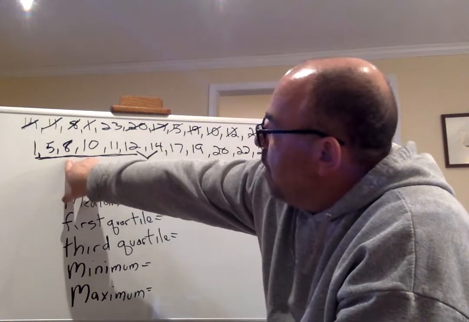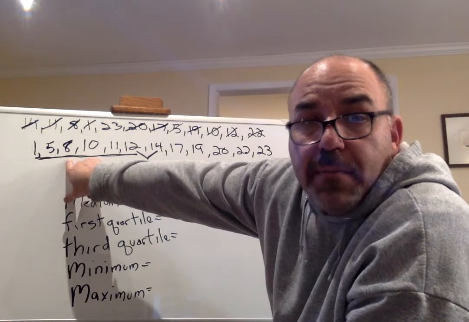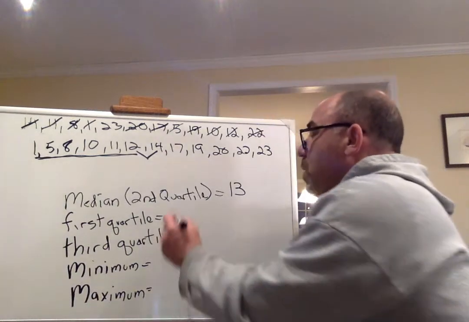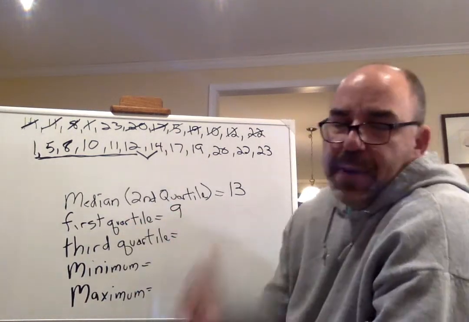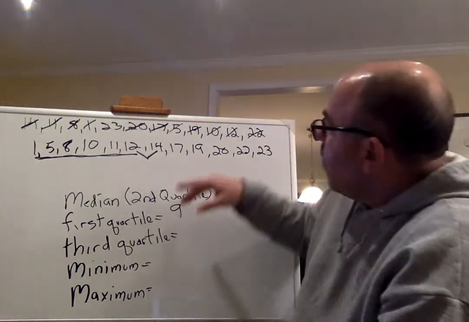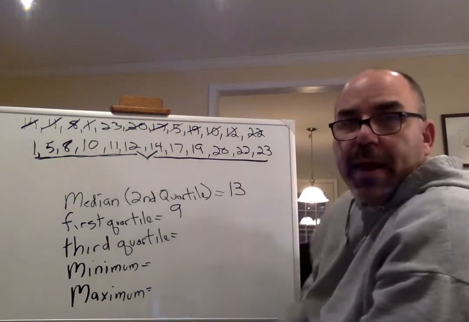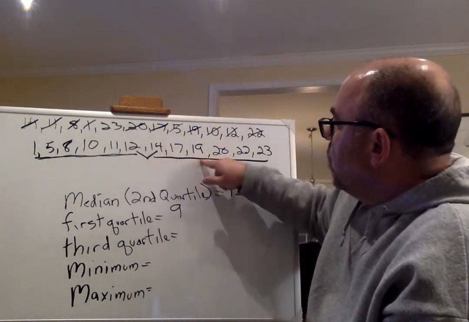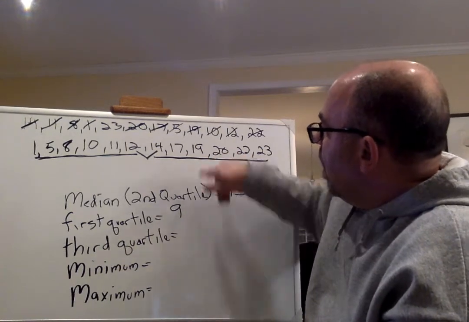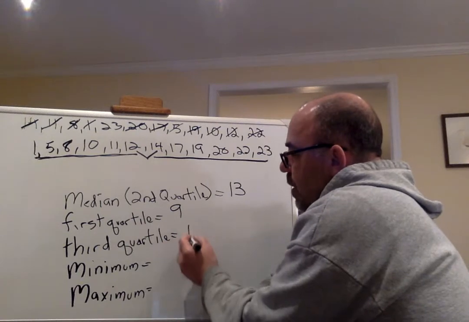So we add 8 plus 10, 18, divided by 2 is 9. Again, quartiles are medians. Third quartile is going to be the median of the second half of our numbers. Again, 6 numbers, 1, 2, 3, between 3 and 4, 19 and 20. Third quartile is going to be 19.5.